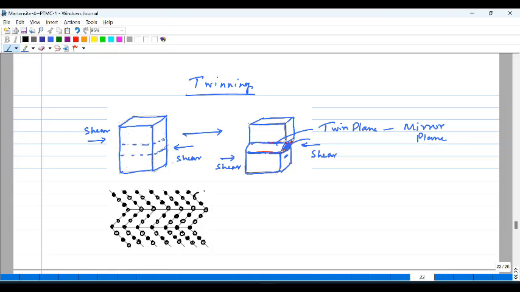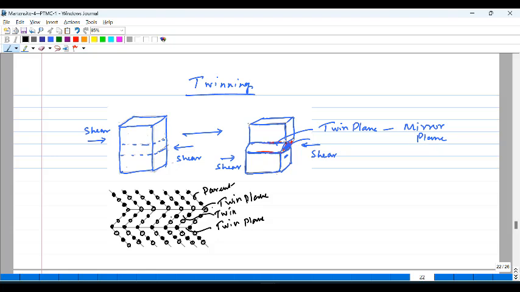So this is the parent matrix, and this is the twin plane over here, and another here. And in between you have the twin, right?